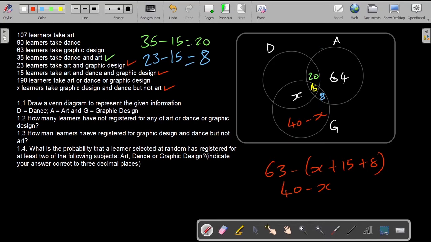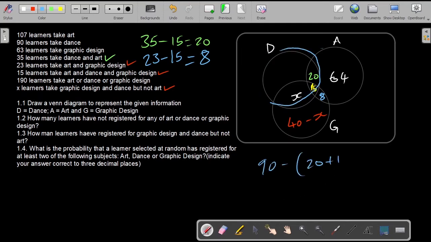And we're going to do the same thing for D, which is for dance, and let's see how many we have in total. So we have 90 learners in total that take that, and the sum has to be 90 once again, which means we subtract everything that we currently have from 90, which is the total. So everything which falls in this circle has to add up to 19.